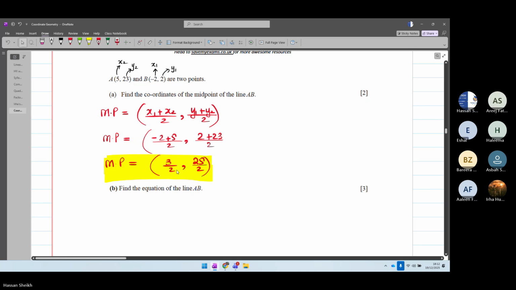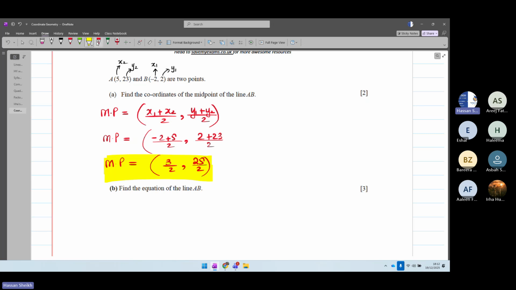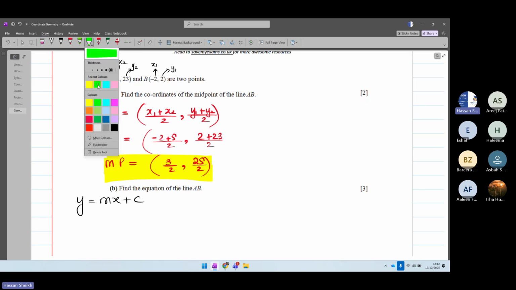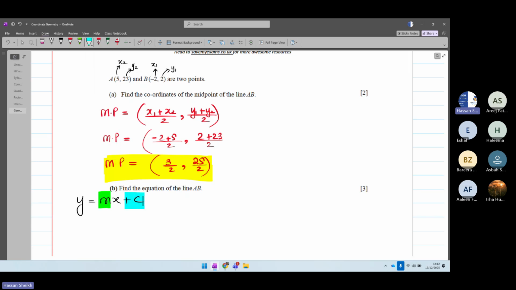Now they want you to find the equation of the line. For the equation of the line, you already know we have a standard form as y equals mx plus c. So obviously you need to find the slope and the y-intercept.